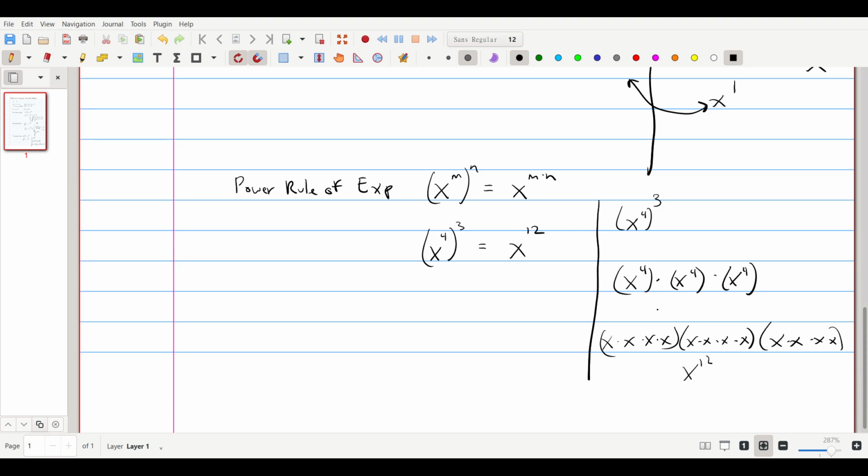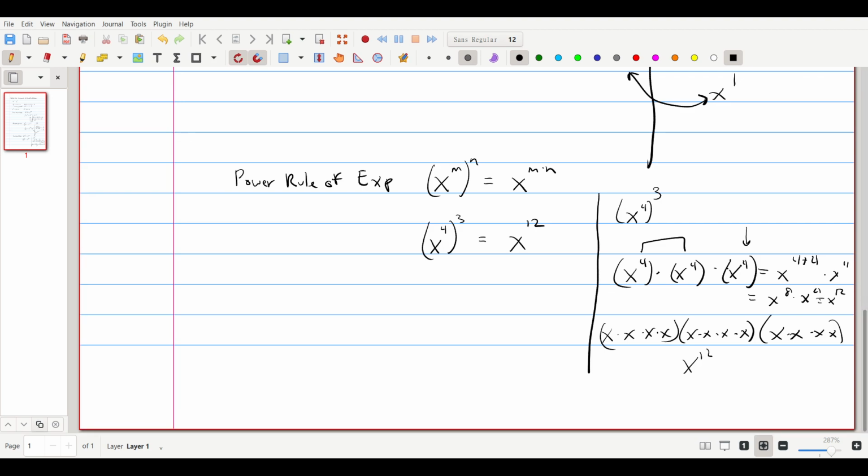But notice once you get to this point, you can also use the product rule of exponents. This is equal to x to the 4 plus 4 times x to the fourth, which will give you x to the eighth, right, with these two combined first, and then times another x to the fourth, which is this guy right here. And we can just do that property again, 8 plus 4, and you notice that we get 12 again, right?